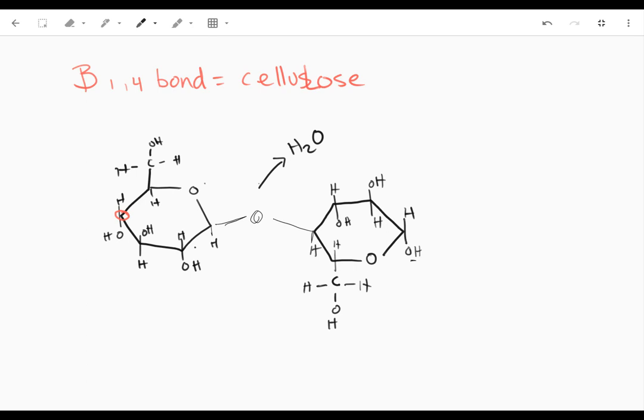All right, so let's draw the next one right side up once more. Okay, so we go up, down, up, down, that carbon, and then all my hydrogens again.